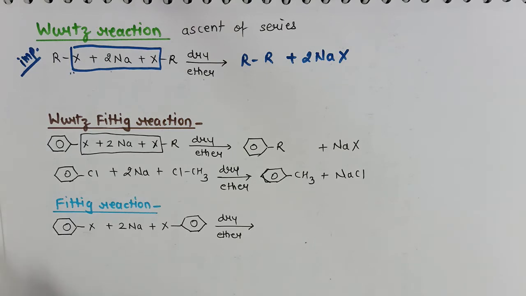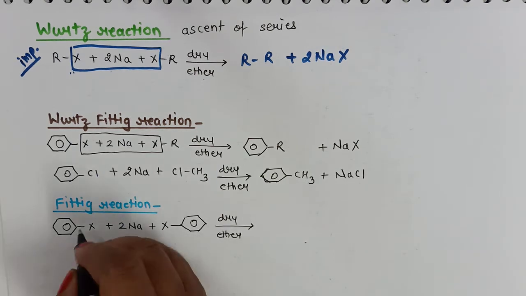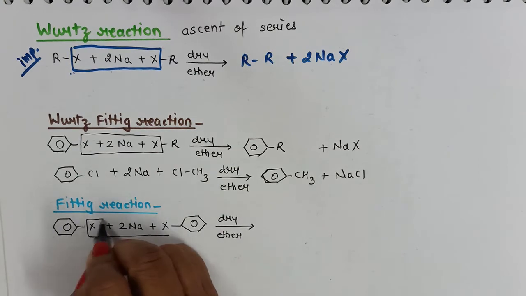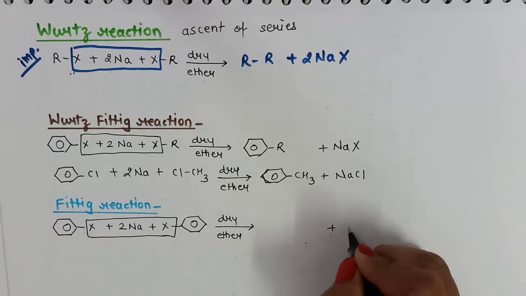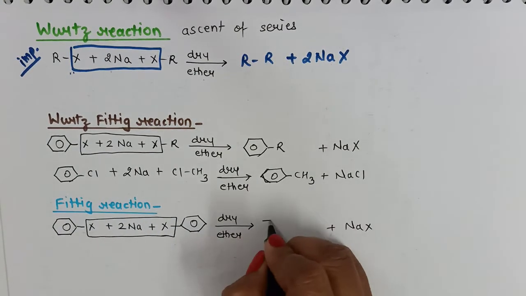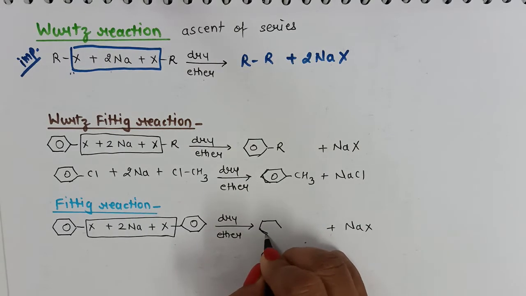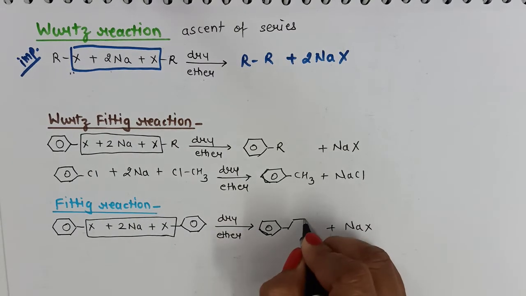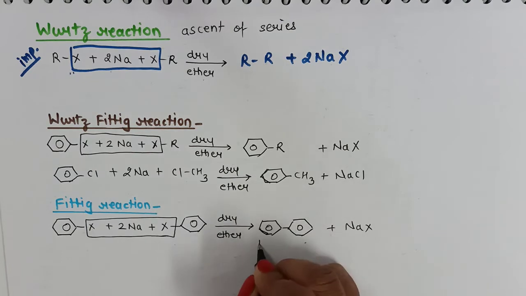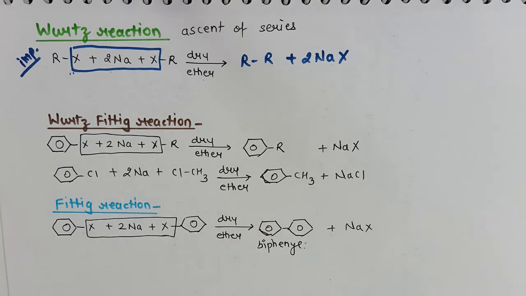Now Fittig reaction. In Fittig reaction, it's the same as Wurtz and Wurtz-Fittig. The only difference is that here we are taking 2 moles of haloarene. Again sodium halide will be the byproduct and we will get biphenyl as the main product.